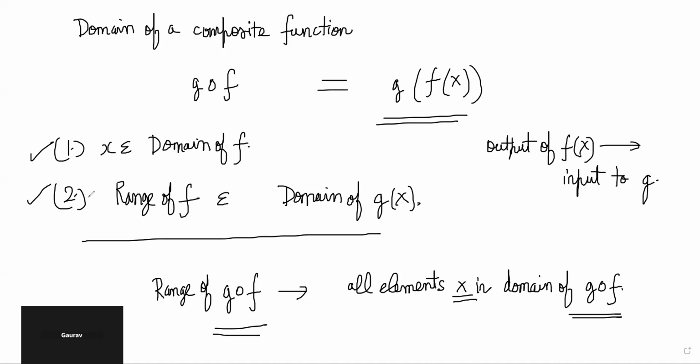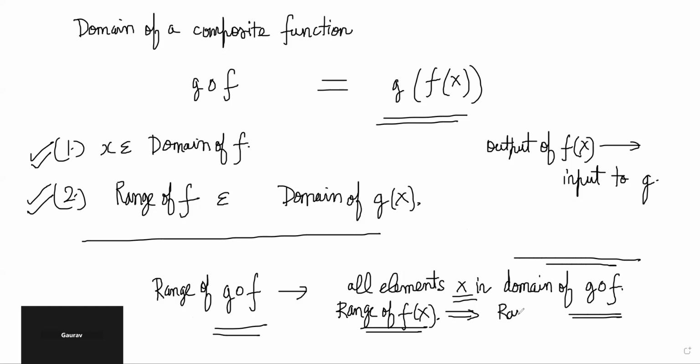So these two conditions have to be checked because you need to know the domain of g of f to predict the range. After that, you have to figure out what is the range of f of x, and from there, what is the range of g of f of x. You have to think of all of those things, then only you'll be able to correctly figure out the range. Okay. Are you understanding what I'm saying?